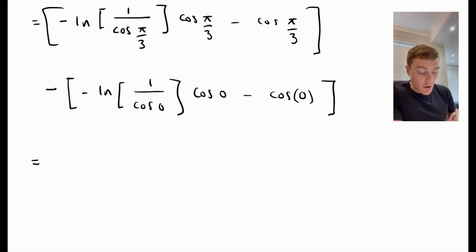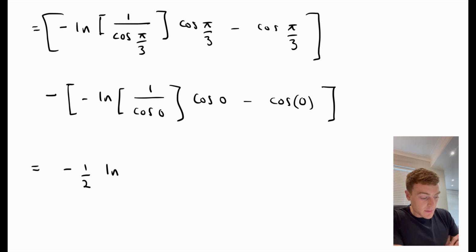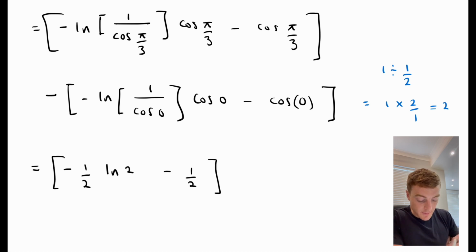So evaluating that, cos pi over 3 is equal to a half, so that's going to become minus 1/2 of ln, well, we've got 1 divided by a half, which equals 2, so that's just going to be ln 2 minus a half. That's my first bracket. Minus, well, we've got negative ln 1 over cos 0.